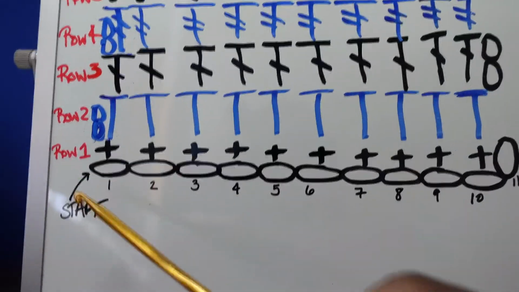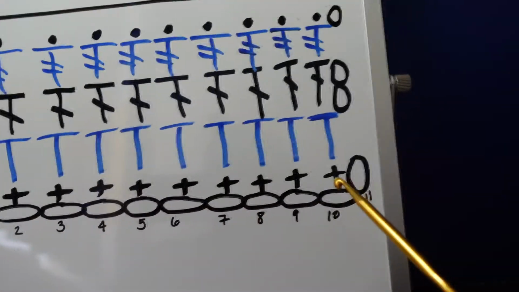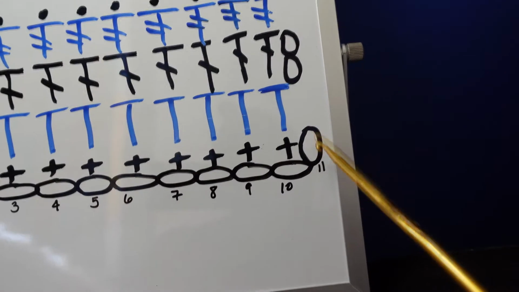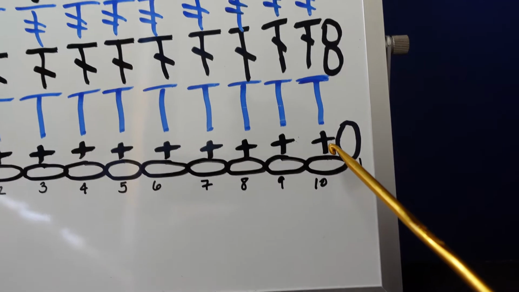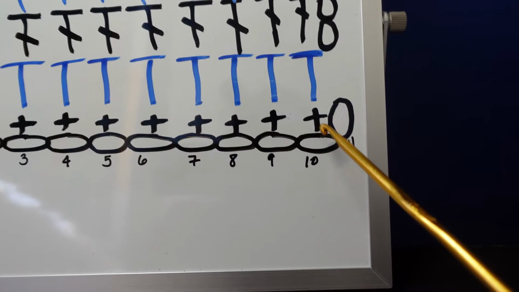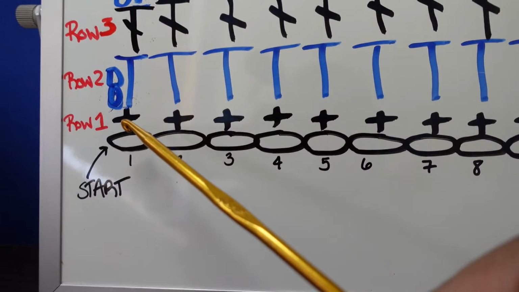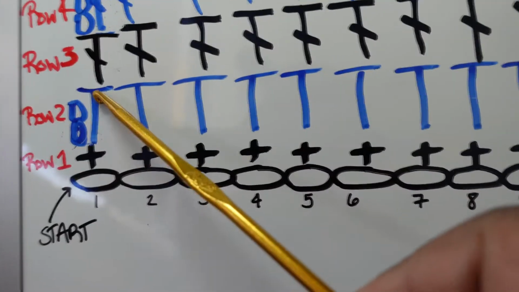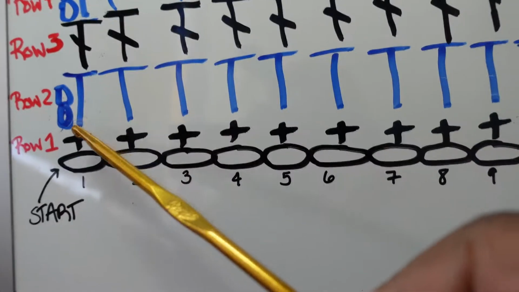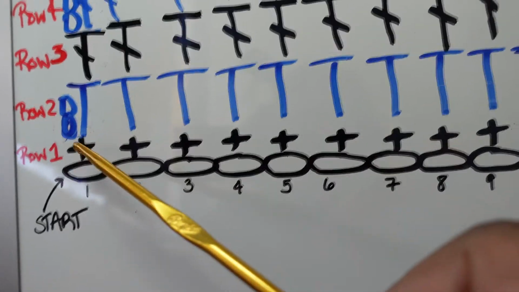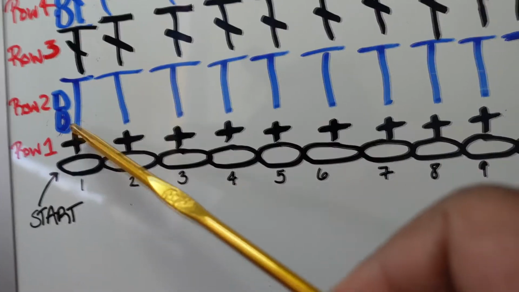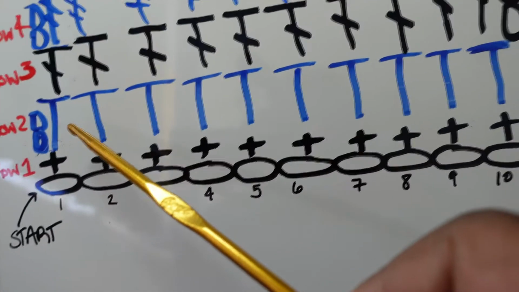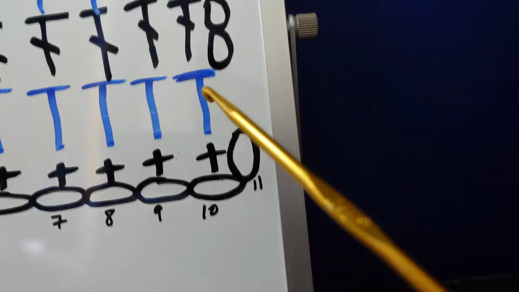We start here, we chain out, we skip a chain, skipping that 11th chain, and we crochet single crochets, starting with the 2nd chain from the hook across. That's row 1. Row 2, we turn our work, chain 2, put our first half double crochet in the first stitch, so we don't skip a stitch, it's in the same stitch, and then we put half double crochets across.